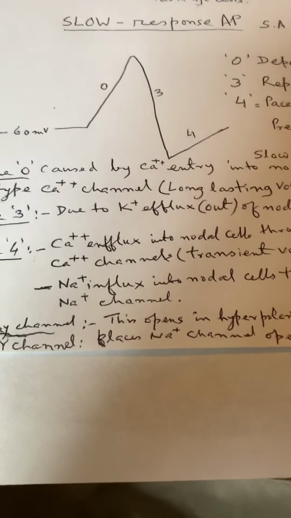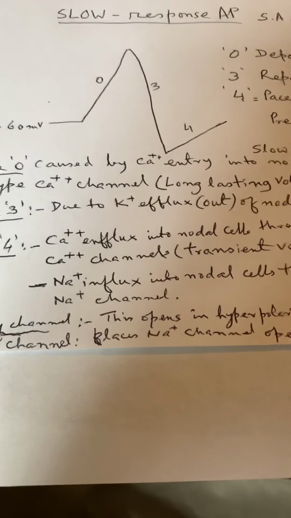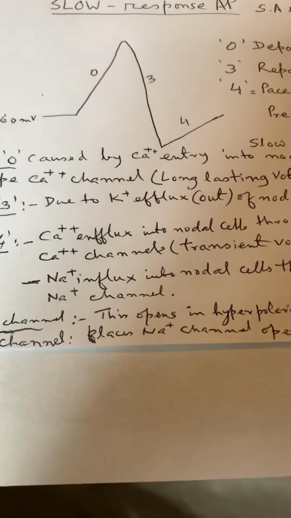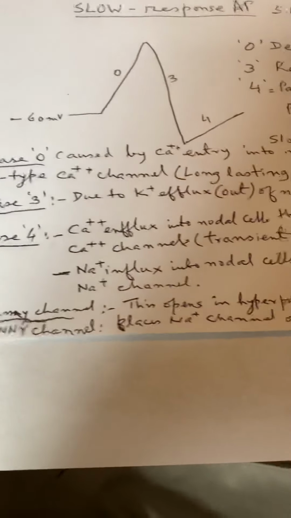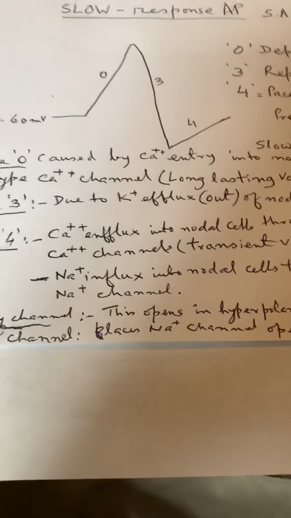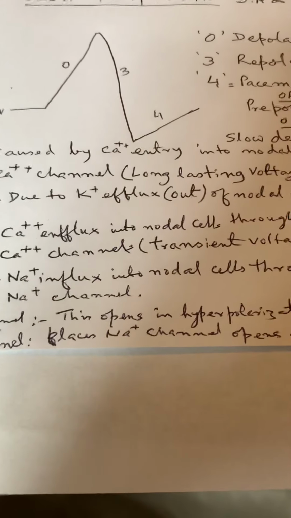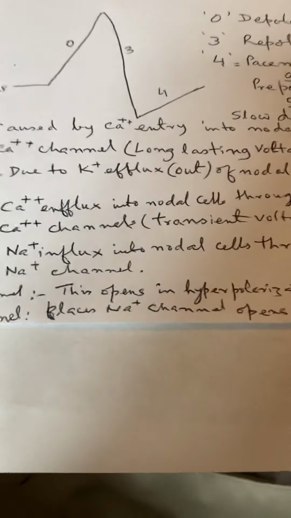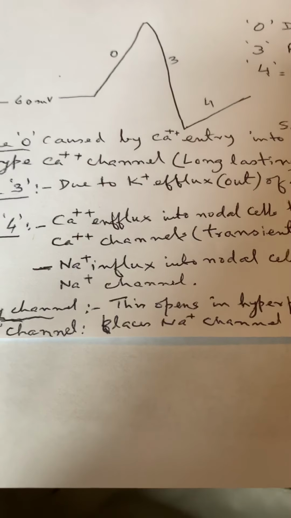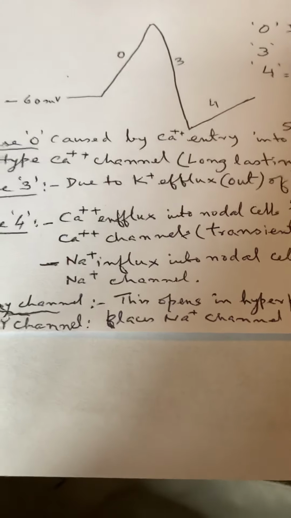So there is a slow depolarization in phase 4. You see the slope. When the slope reaches minus 60 millivolt, the next action potential is generated. This is why there is rhythmicity or automaticity. Automaticity depends on phase 4.